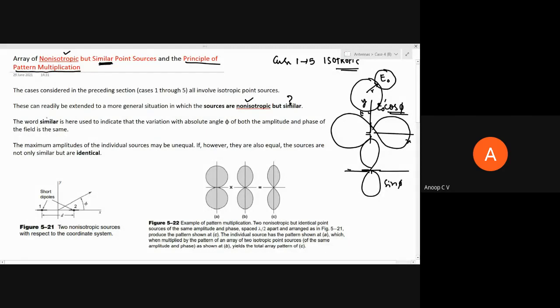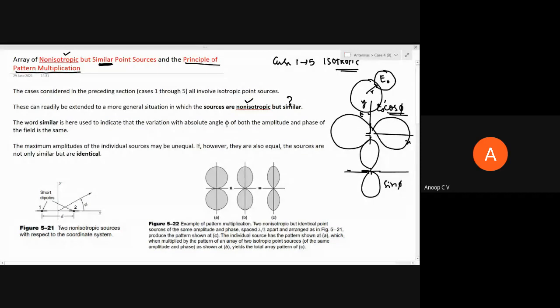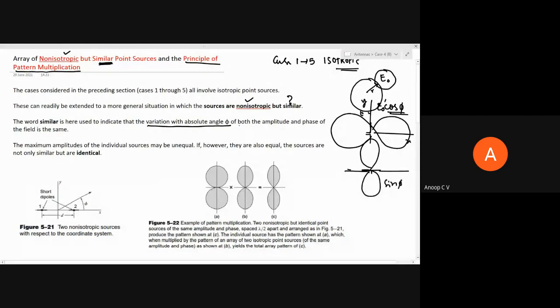So what is the meaning of the word similar? Similar means the variation with absolute angle phi of both amplitude and phase of the field is the same. Source 1 and source 2 have the same kind of variation with respect to phi for amplitude and phase.